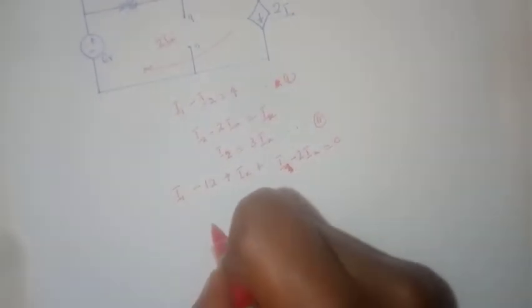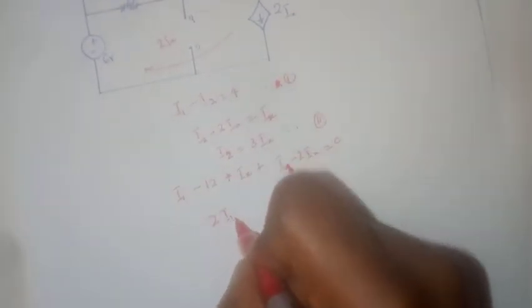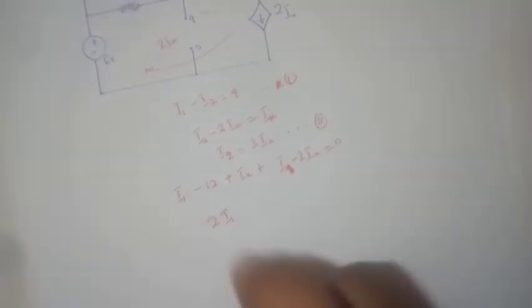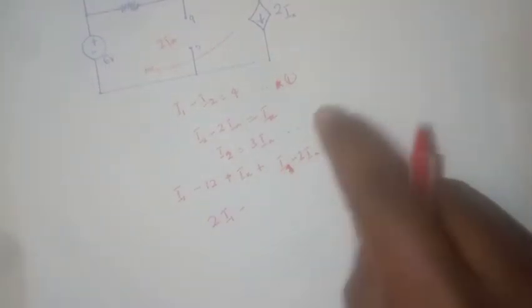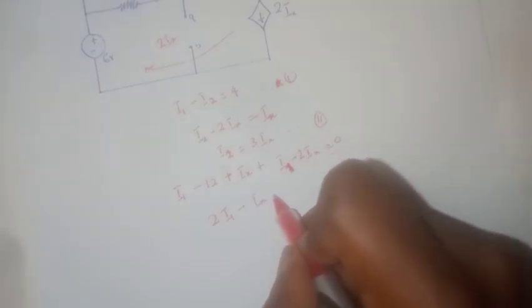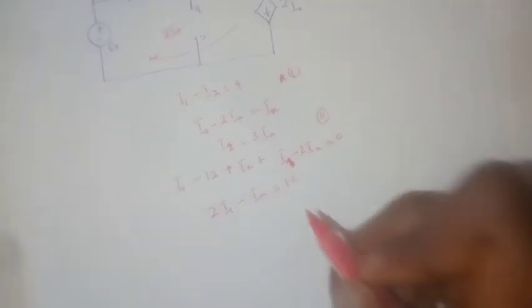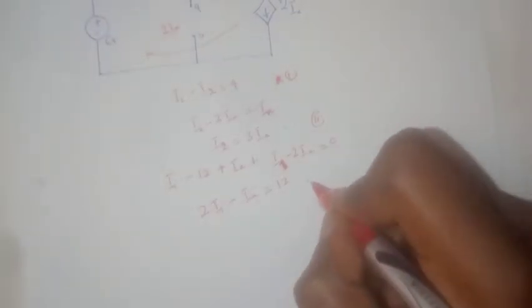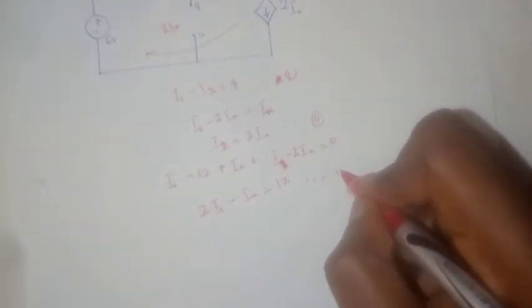Now we know that 2I1 minus Ix equals 12. We can call this our third equation.